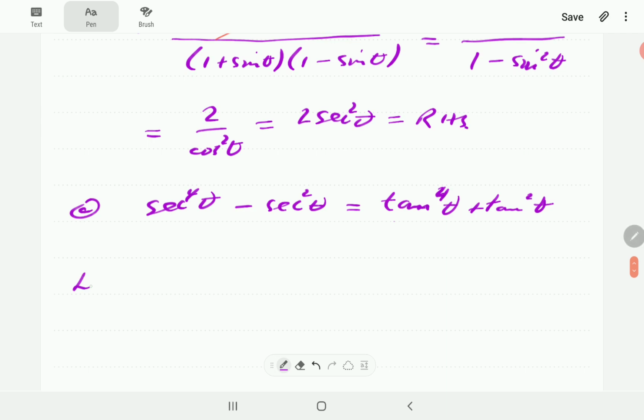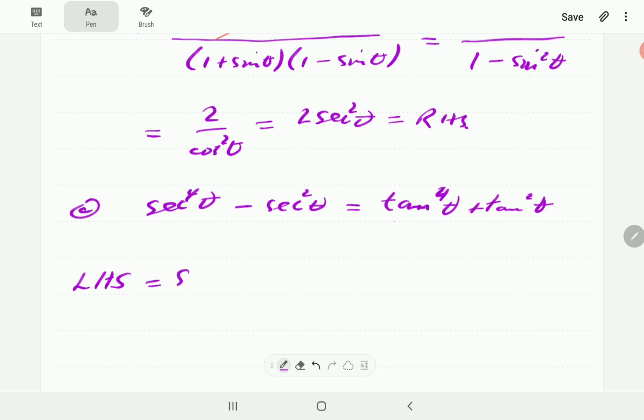Again, we want to work from the left hand side. This time, you couldn't really say the left hand side is more complicated than the right hand side, so it's just up to us to choose which one. But basically we want to write these two terms in terms of tangent.